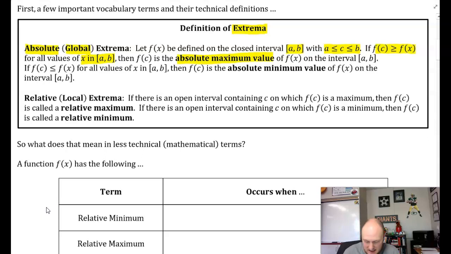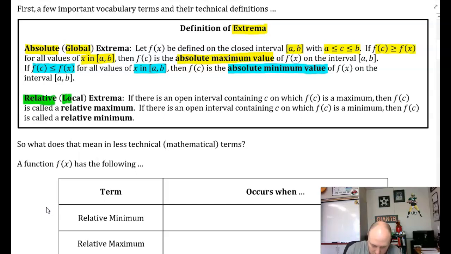Now, if f of c is less than or equal to all function values f of x for all values of x in a to b, then this is the absolute minimum value on the interval a to b. Now this is very, very easy. The absolute or the global extrema, it's just the greatest value on the graph or on the function for a given interval.